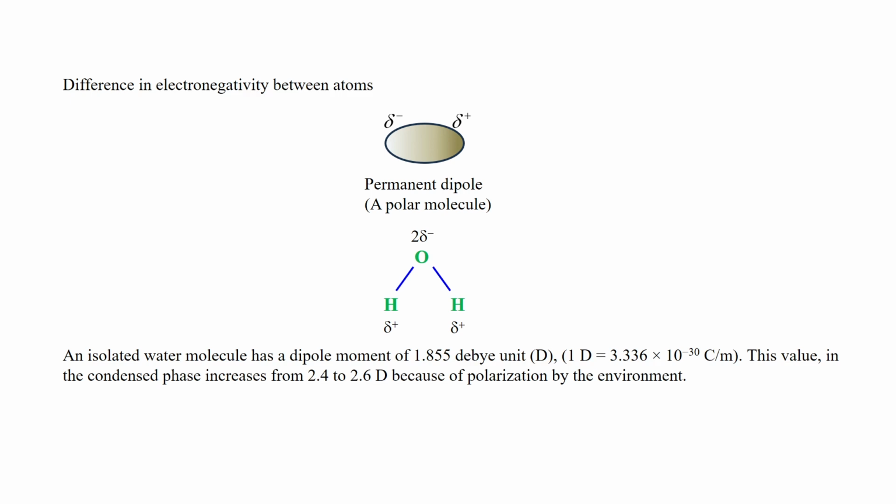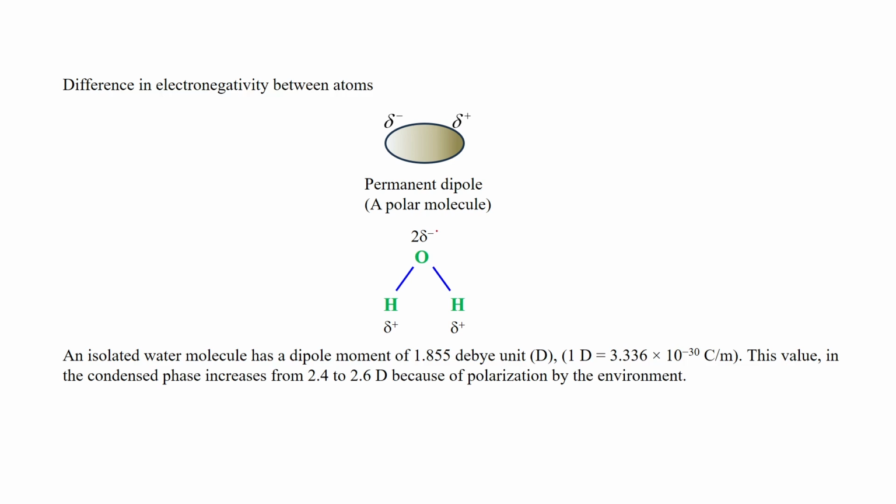There are molecules which have an electron cloud, and because of asymmetry, the electron cloud is not uniformly distributed around the nucleus, so as a result there is polarity. For example, in this H2O molecule, oxygen is more electronegative with respect to hydrogen.